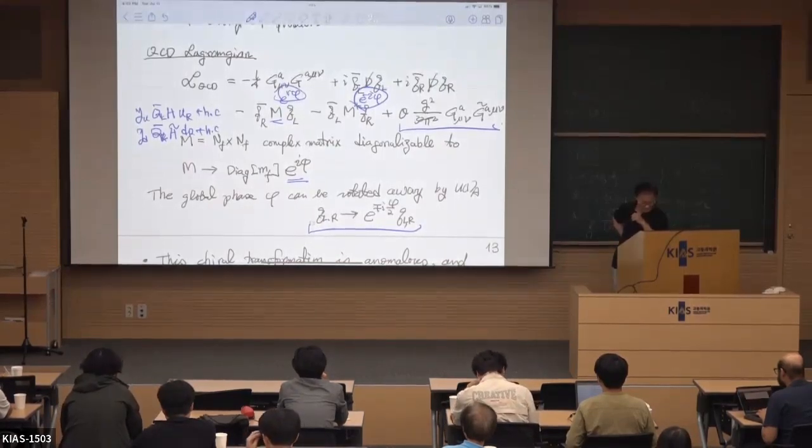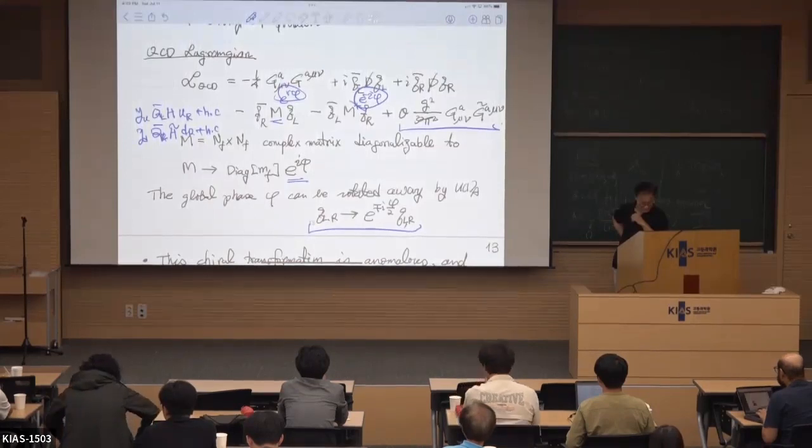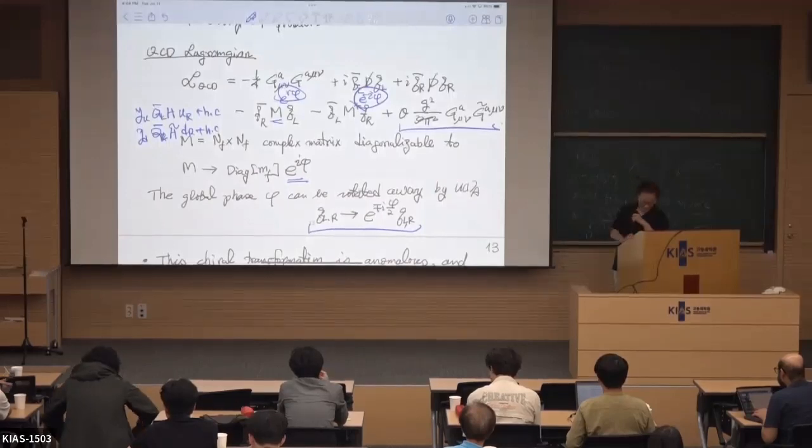I mean, you can introduce different phases for different flavors. Then I guess in your homework, theta is changing into theta plus not just N_F times the phase, but the summation of all the different phases. Is it correct? Yeah, actually, that's right. The argument of the determinant is actually the summation of all the phases. My argument was to simplify it. Thank you very much.